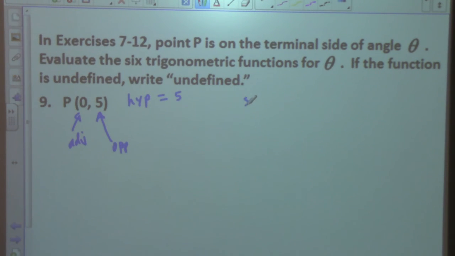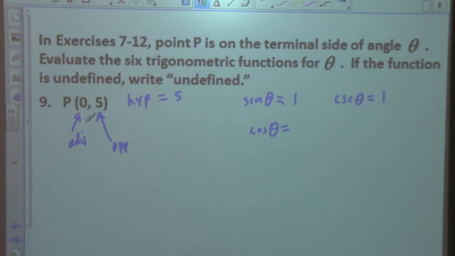So your sine theta is going to be opposite over hypotenuse, or 1, right? Is that right? And then your cosecant is going to be your reciprocal of this ratio here, which is also 1.